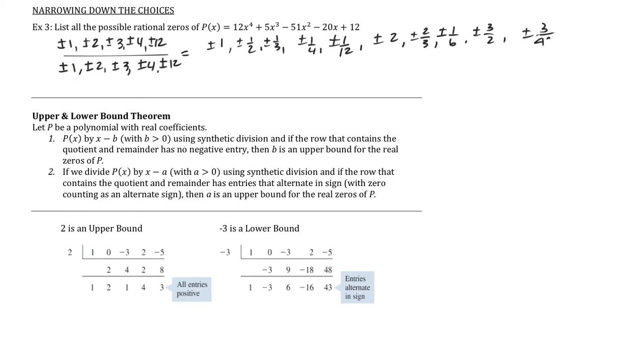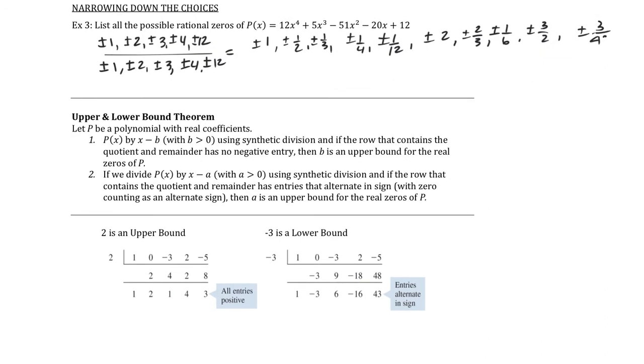So there is this upper and lower bound theorem that can help. The big idea is when you go to divide, if you come down and you notice that all of these are non-negative, they're all positive, or they could be 0, that means whatever you're dividing by is the upper bound.